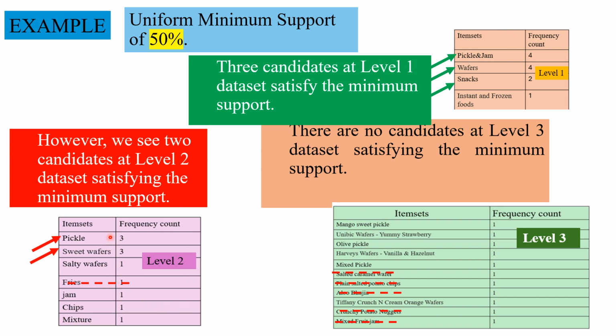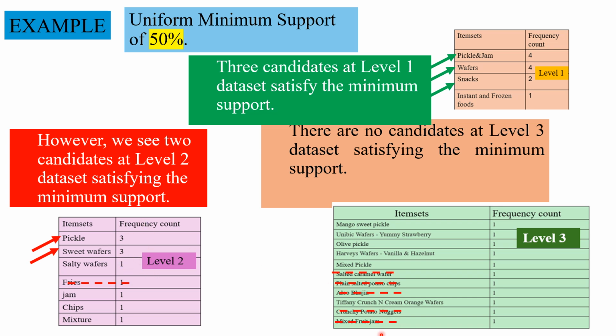Now we take the descendants of pickle and sweet wafers, which are those which have not been cut out. Certain rows we see as cut out because these items are the descendants of those items at level 2 or those ancestors who do not have frequent support available.